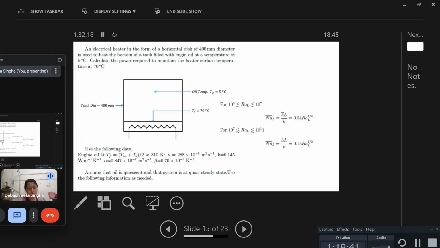An electrical heater in the form of a horizontal disc of 400 millimeter diameter is used to heat the bottom of a tank filled with engine oil at a temperature of 5 degrees.